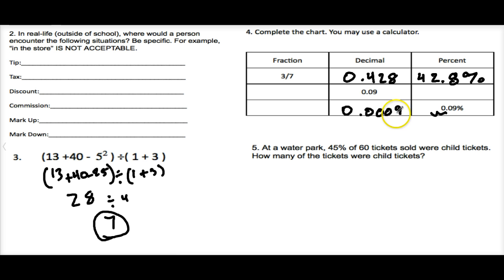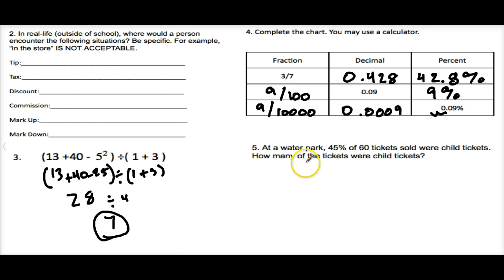Which is going to be 9 ten-thousandths. And to finish off over here, 9 ten-thousandths. This is going to be 9 hundredths. And this would be 2 places to the right, would be 9%.